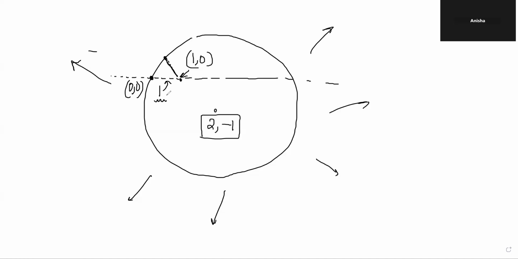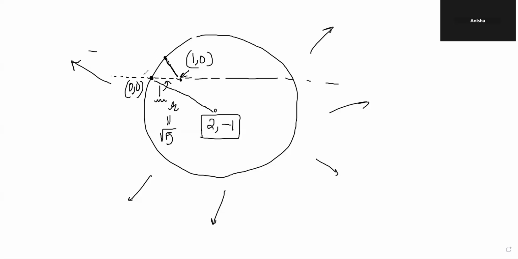I didn't find any. So basically, this is a radius root 5.